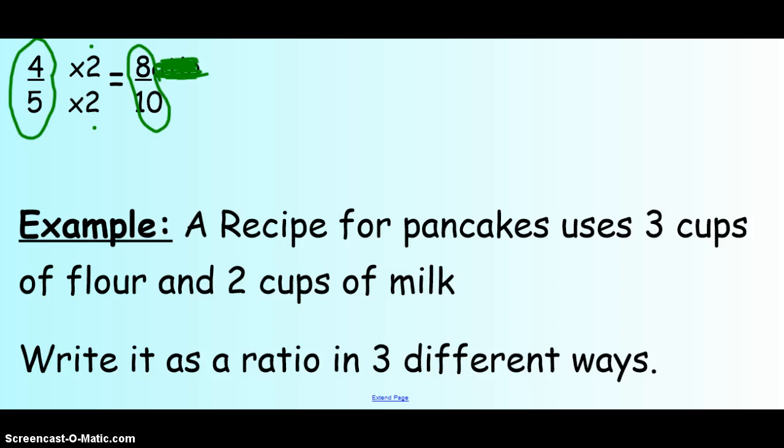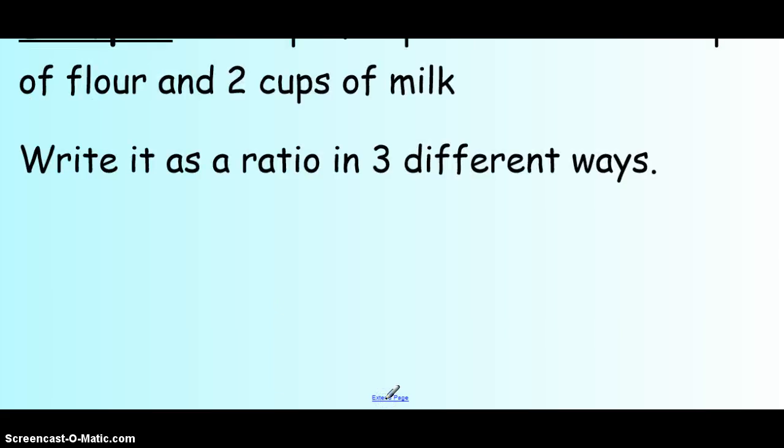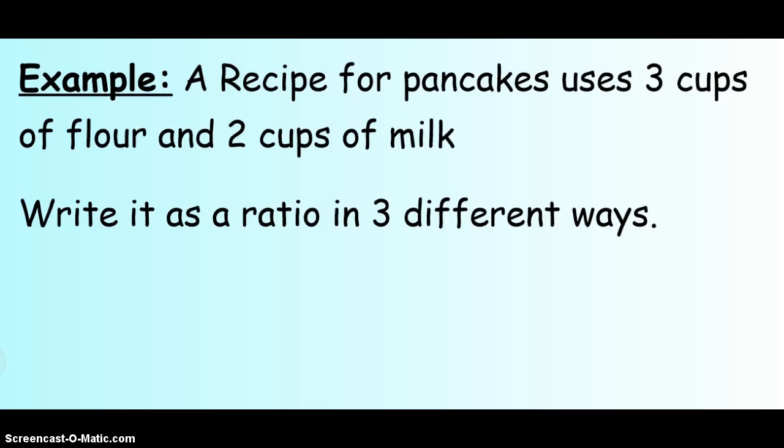Let's look at this example. A recipe for pancakes uses 3 cups of flour and 2 cups of milk. I want you to write this as a ratio in 3 different ways.